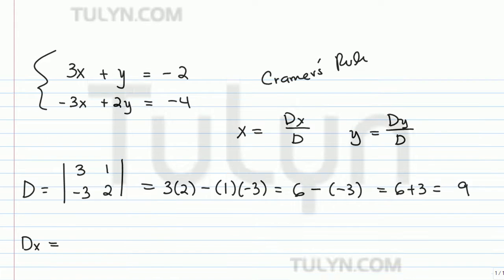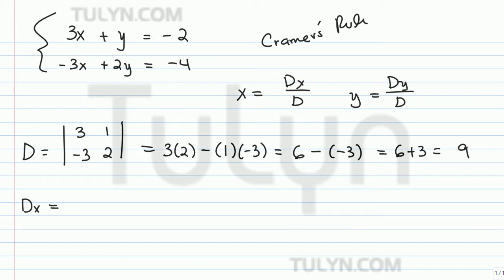Then for dx, move down a little bit. For dx, we replace the coefficients of x with the constant terms, which are on the right. So instead of 3 and -3, we're going to write -2 and -4 as the first column, and the second column is just the y coefficients still.